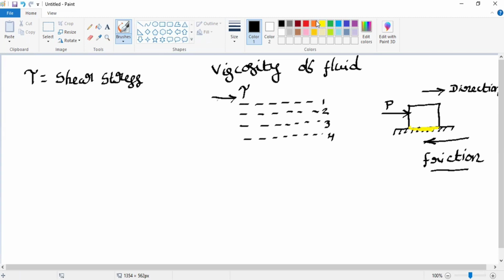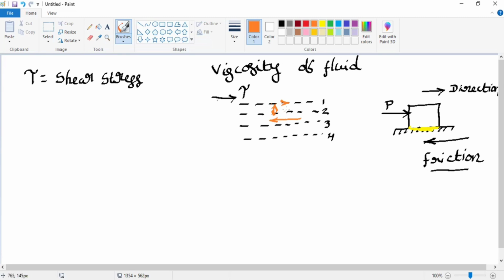If you apply it here, the shear stress will act on the top layer. The top layer will move, but it is in contact with the second layer, so the second layer opposes the motion of the first layer.